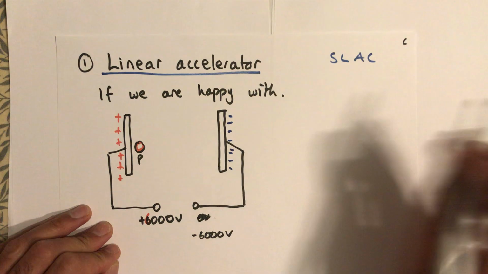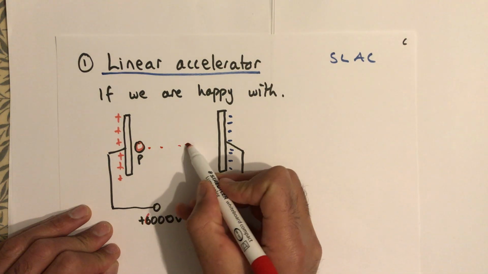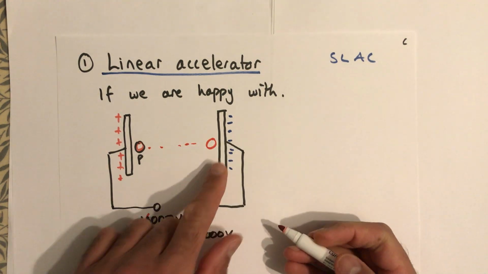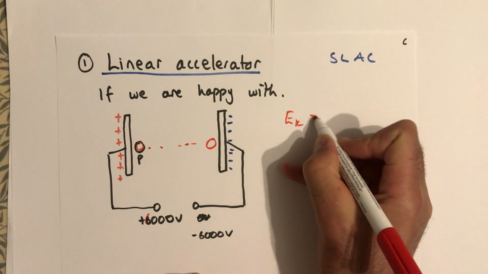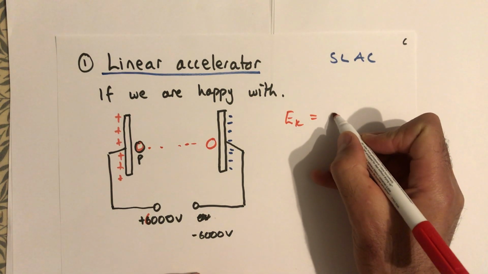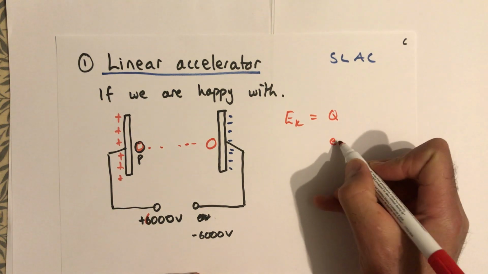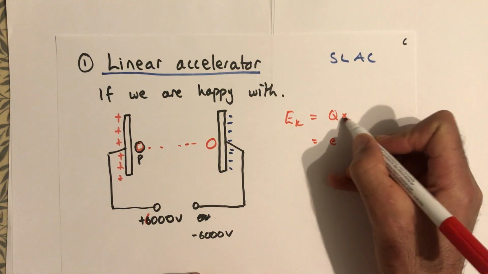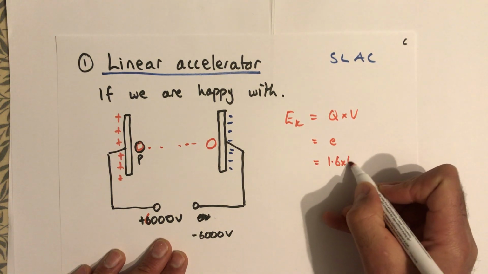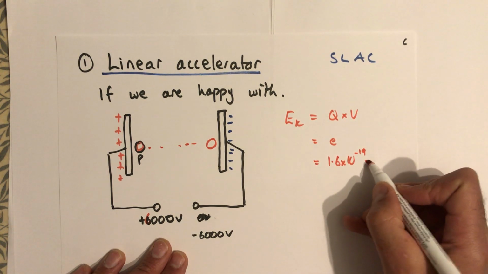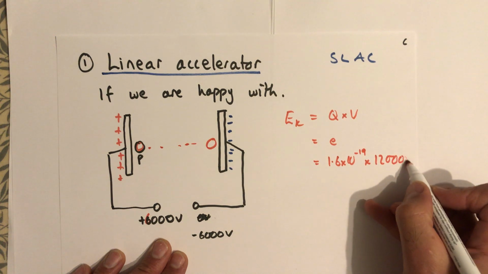and we've done the maths so that we know when it gets to here, it will have a certain speed. We've done that. Its kinetic energy will equal the charge on the proton, which is the same as the charge on the electron, times the voltage we accelerate it through. So in this case, we'd be looking at 1.6 times 10 to the minus 19 times 12,000 volts.